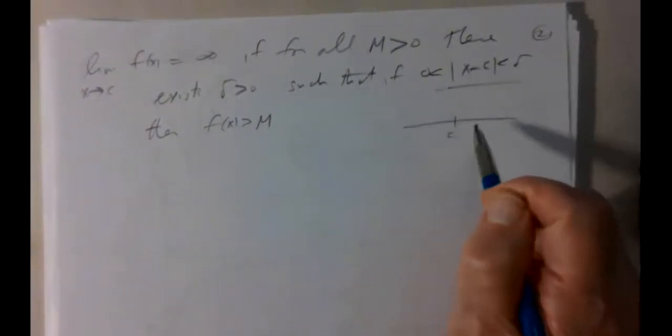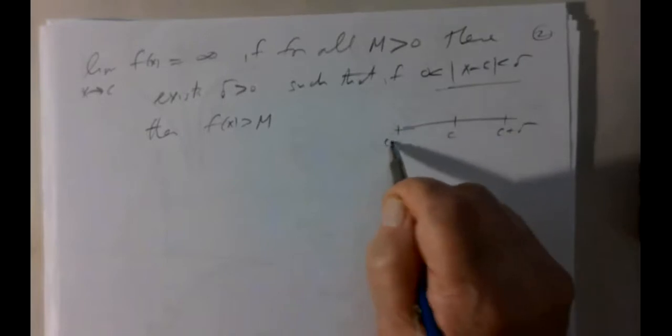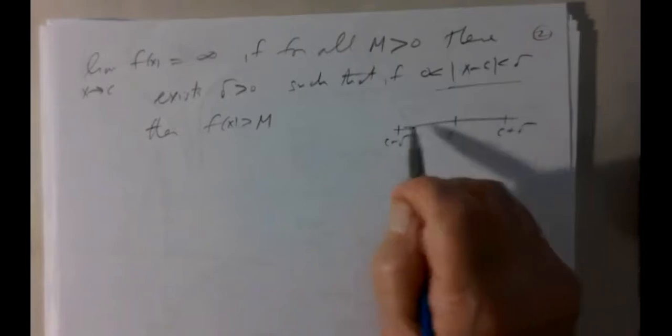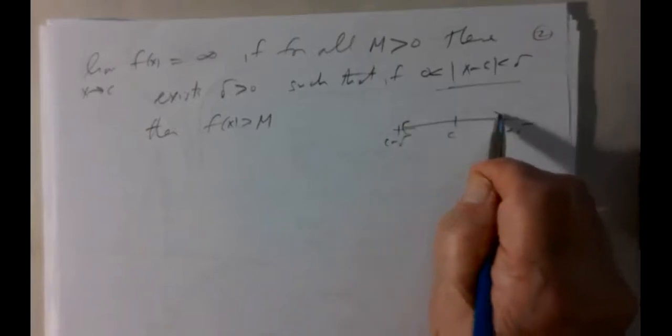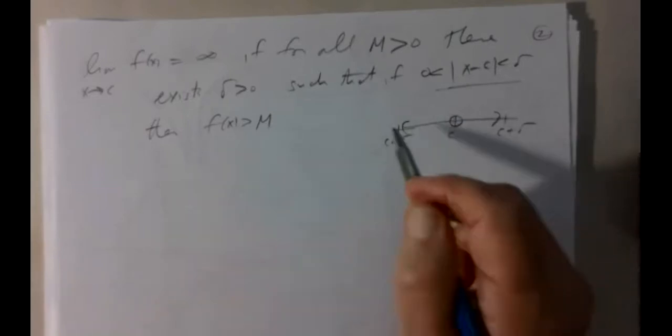So what does this condition mean? Here you have c, here you have c plus delta, here you have c minus delta. And if you look at all the x's in this open interval, except at c, you never evaluate the function at c.